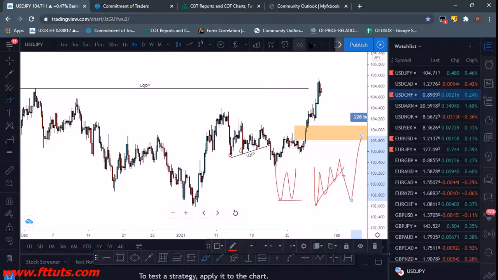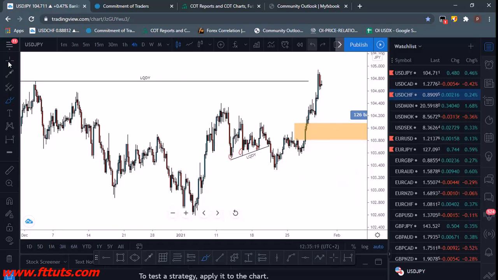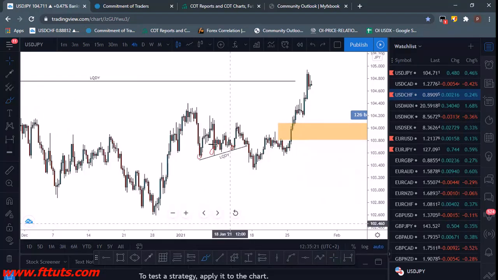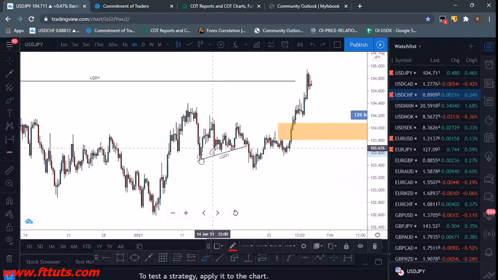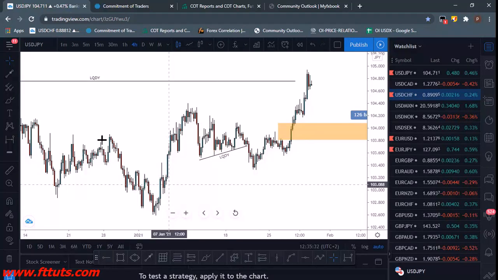Simple as that. So those are things that when you see them on my analysis, you will know what they are. On your analysis, you're definitely going to add them because you are learning them here. So this was a 4-hour area of LQDY, which is the area that I took a trade around.